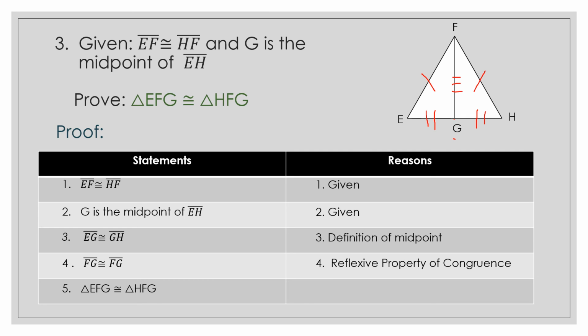Look at our illustration. We have side, side, and side. So our reason is by SSS postulate. That's how we've proven that triangle EFG is congruent to triangle HFG.